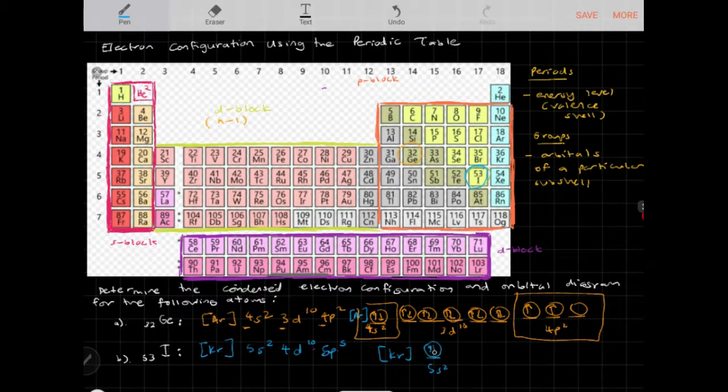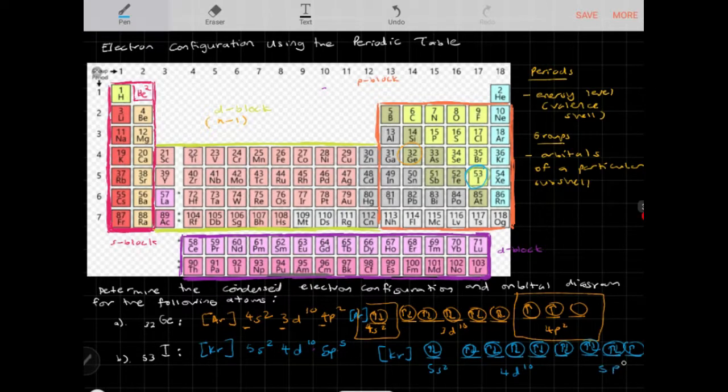Right, so the electron configuration of this, right, you'd write krypton, 5s2, spin paired, then 4d10, right, so you spin pair all of this. Okay, so 4d10 and then 5p5. Okay, it's a half fill and then spin pair.